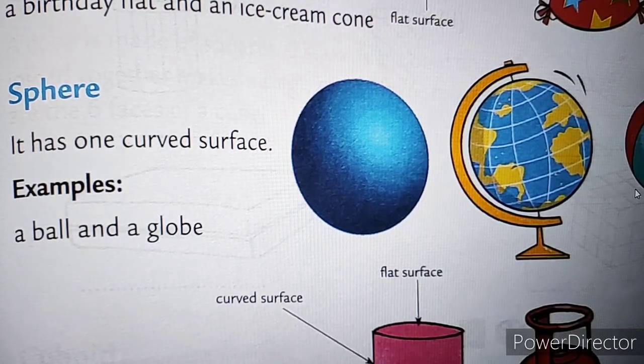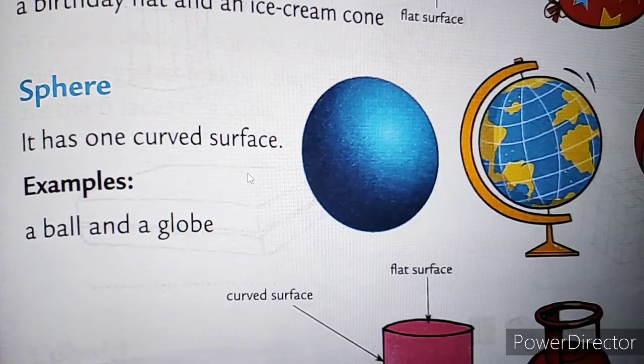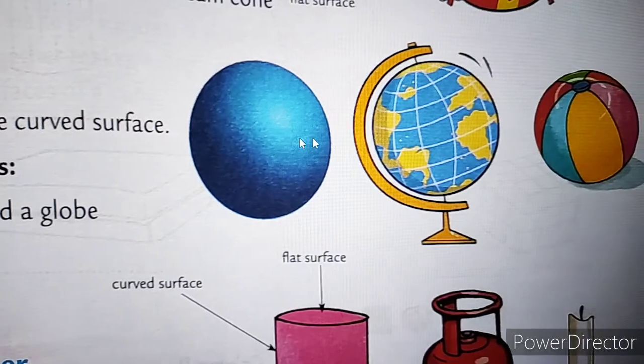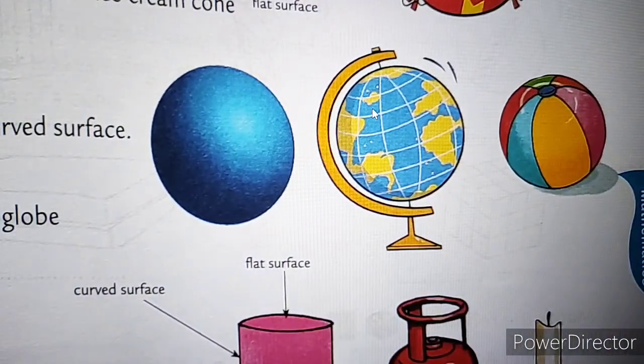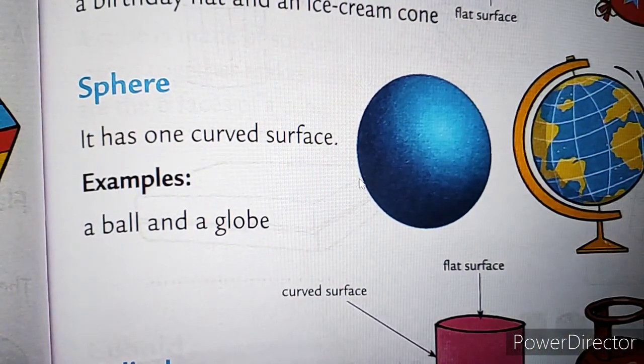There are no vertices, no edges, no flat surfaces. Okay? See, this is a globe. It is also a sphere. Ball is also a sphere. Cricket ball, tennis ball, anything you can see around you that looks like a ball is a sphere.